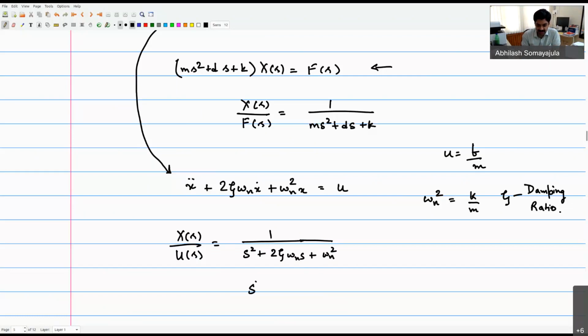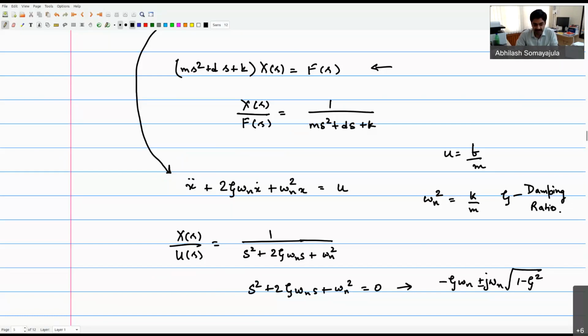I can take s squared plus 2 zeta omega n s plus omega n squared equal to 0, and this is a quadratic equation whose roots will be given by minus zeta omega n plus or minus omega n times square root of 1 minus zeta squared, times j.